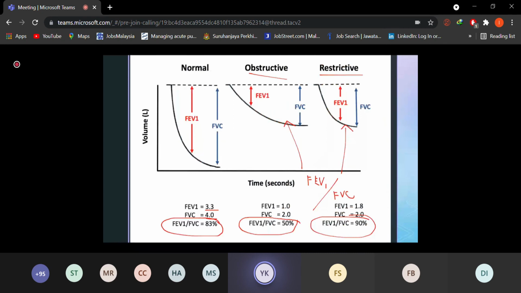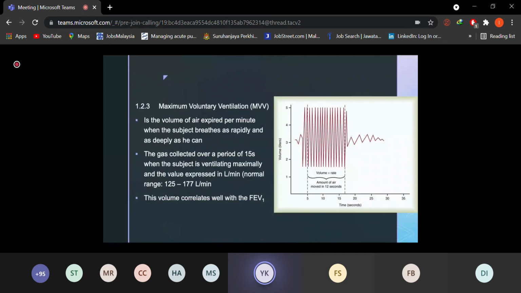Next is the maximum voluntary ventilation, MVV. It is the volume of air expired per minute when the subject breathes as rapidly and as deeply as he can. The gas is collected over a period of 15 seconds while the subject is ventilating maximally, and the value is expressed in liters per minute. Normally it is 125 to 170 liters per minute.